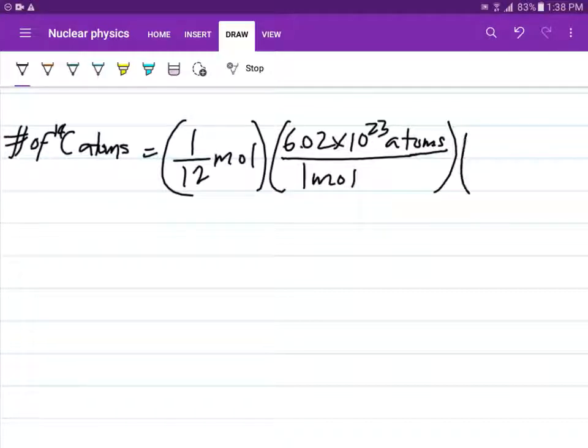And then for every 8.3 times 10 to the 11 atoms of carbon-12, we find that there is 1 atom of carbon-14.